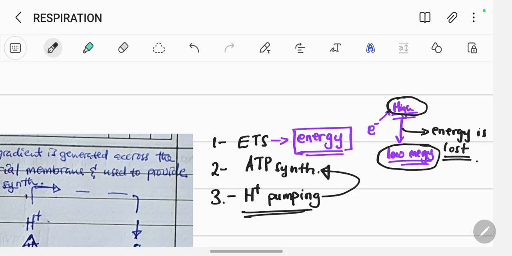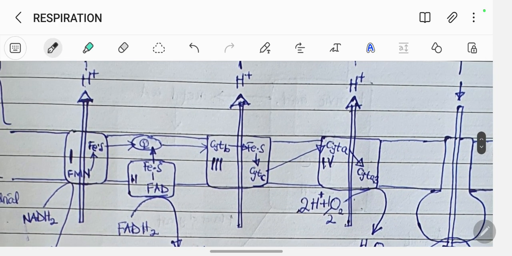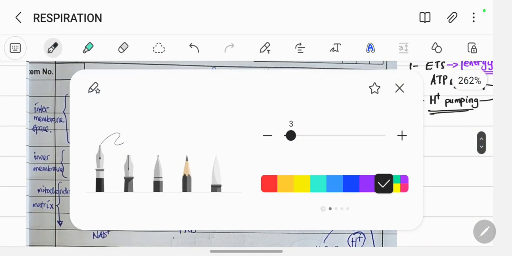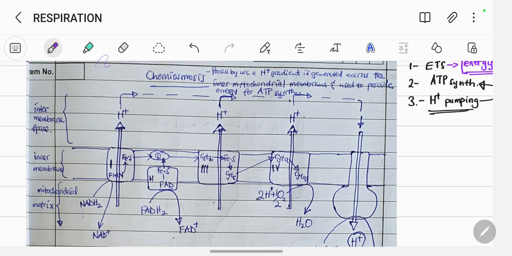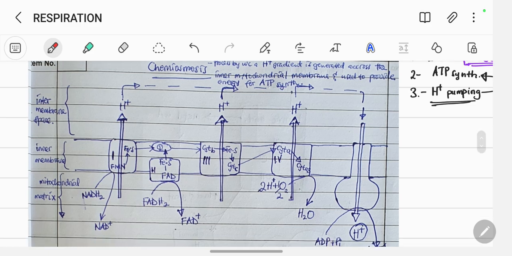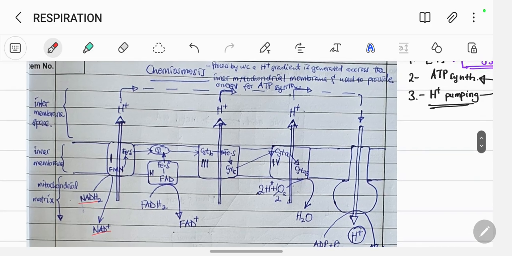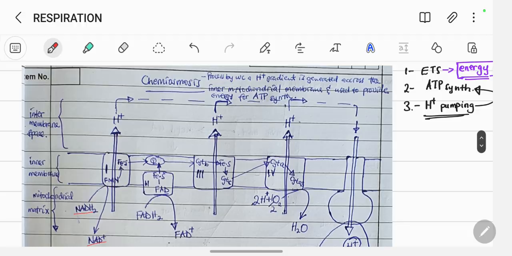So as we pump hydrogen ions, this is what happens here. Our NAD, as usual, is coming from glycolysis and the Krebs cycle. It is going to submit its electrons to FMN in our protein complex 1.